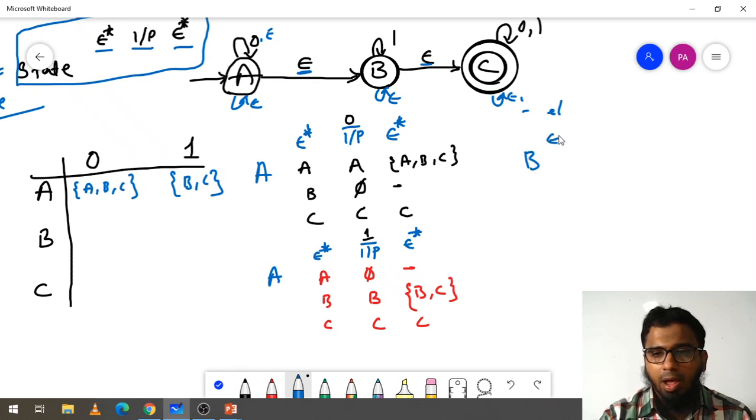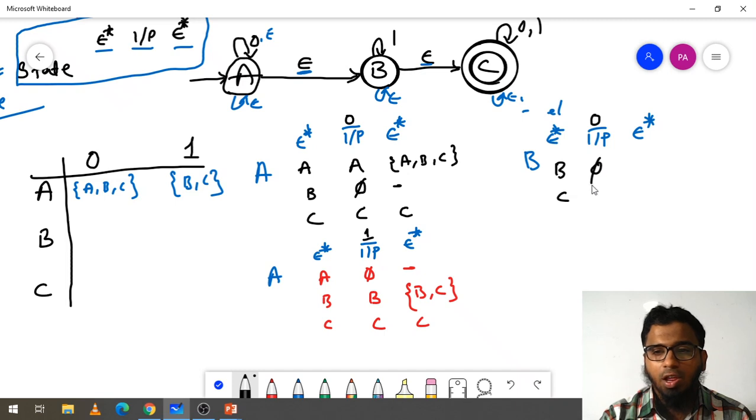B epsilon closure, input, and epsilon closure. What is the input now? We are taking 0. First B on 0. So take the B closure. What is the B closure? Already we got it here, that is B and C. And what is B on 0?